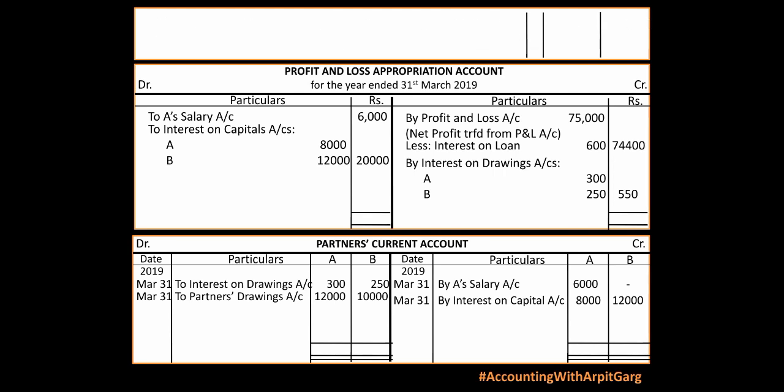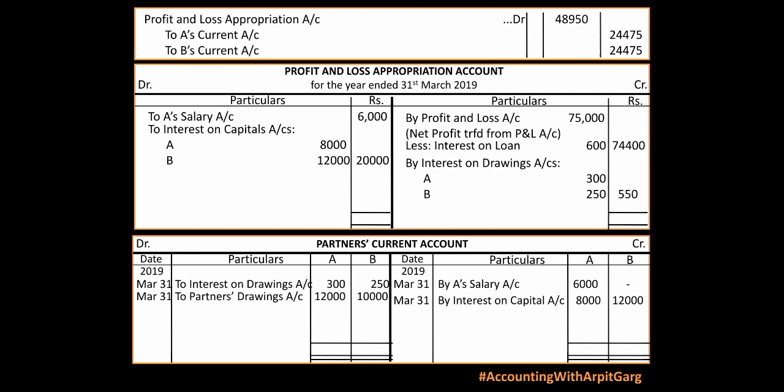Then all the concepts are done. We are only left with the profit sharing. So now the profit left with us is rupees 48,950. From where did we get this amount? You can total all the profit and loss appropriation account amount.